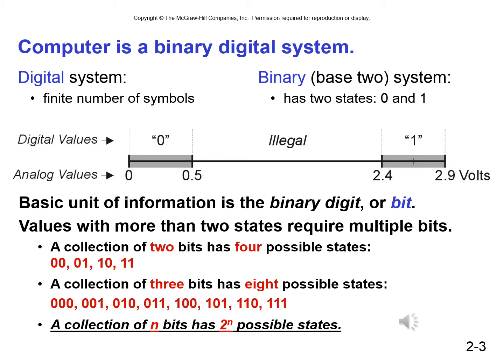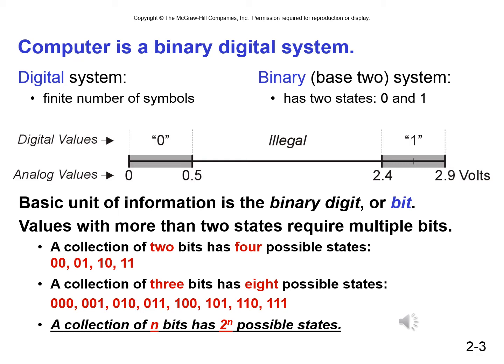A computer is a binary digital system, and the basic unit of information, the smallest unit of information, is the binary digit, or a bit. And that bit carries values 0 or 1.